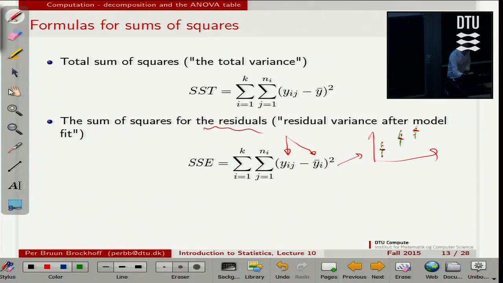Well, if we should visualize the other one, what would that be up here? If it's the same data set, let me visualize that. Then somehow I have the overall mean here somewhere, right? And the different ones here would be to take each individual observation and compare with the overall mean.